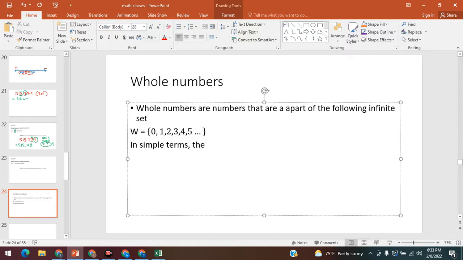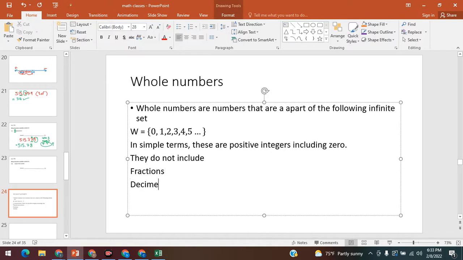These are positive integers, including 0. They do not include fractions, decimals, or negative numbers.